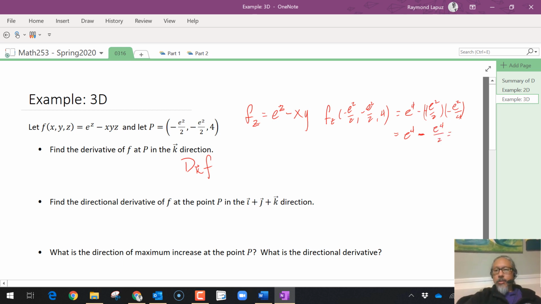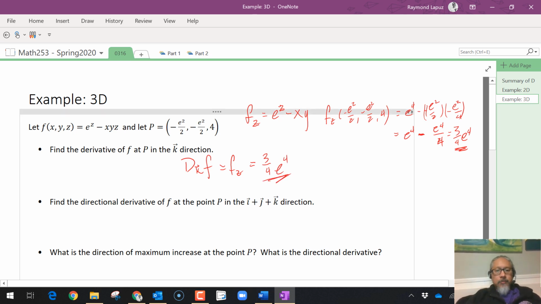So, oh, that's 2 times 2 is 4, e to the 4th over 4. So this is going to be 3/4 e to the 4th. So we have the derivative with respect to z, and this is going to be 3/4 e to the fourth. So that's the first part.